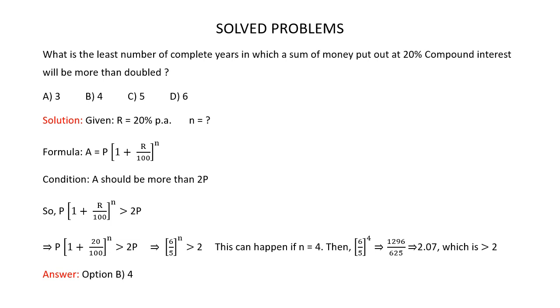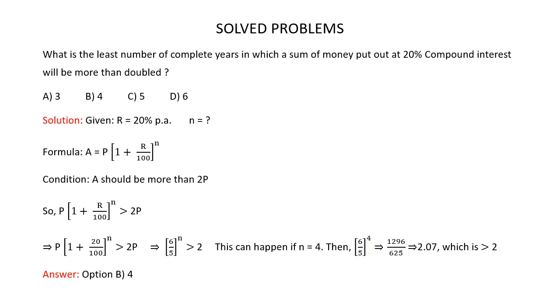Now this can happen if n is equal to 4. For any value of n less than 4, the value here will be less than 2. So let's now put the value of n as 4. So now we have 6 by 5 raised to the power 4.